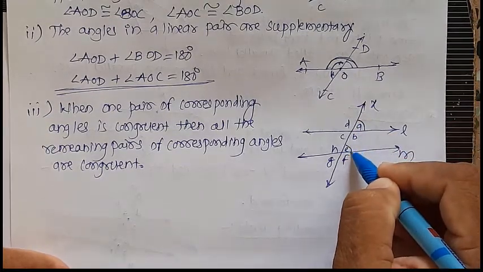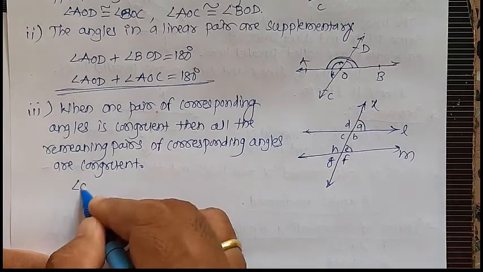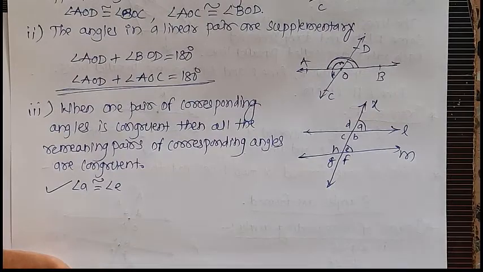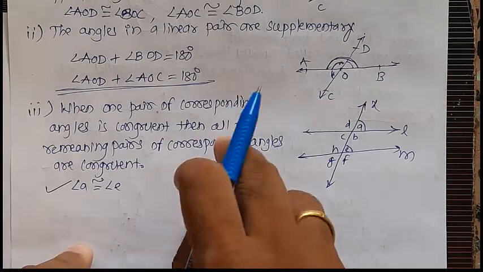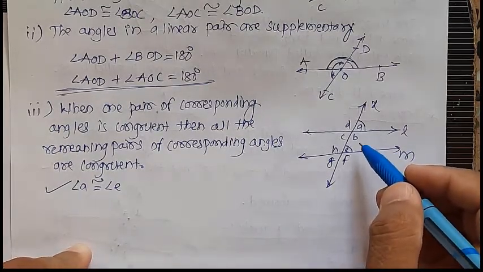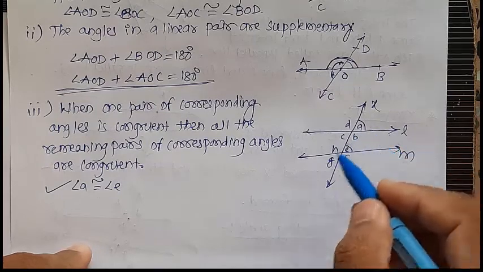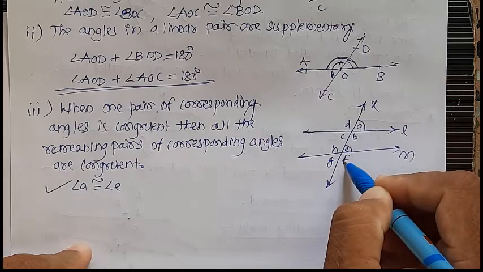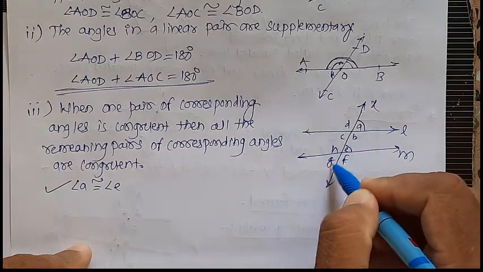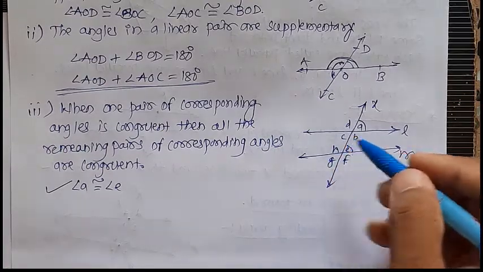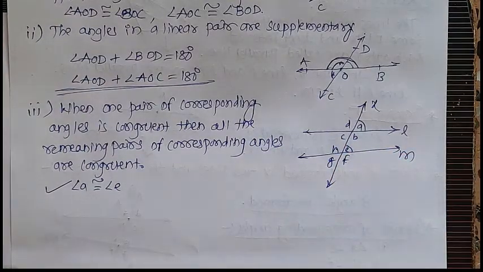If angle A and angle E are given as congruent, one pair of corresponding angles, then by this property the remaining three pairs are also congruent: angle B congruent to angle F, angle C congruent to angle G, and angle D congruent to angle H.